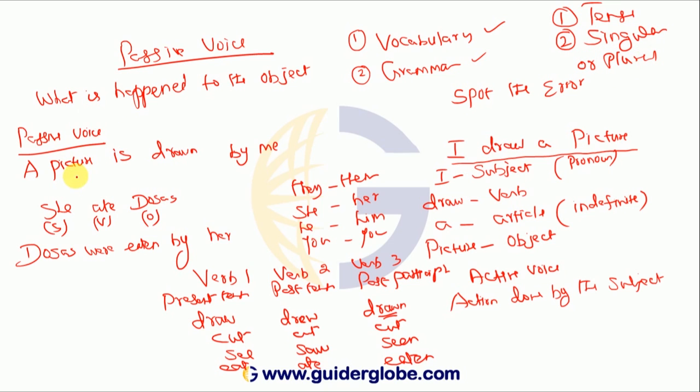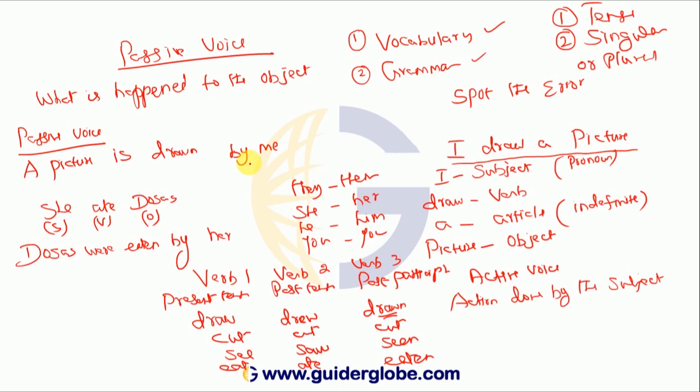Accordingly, we have to change the verb. Before by, what will come? Always V3. Remember, before by. Whether all passive voice will come by me? Mostly.